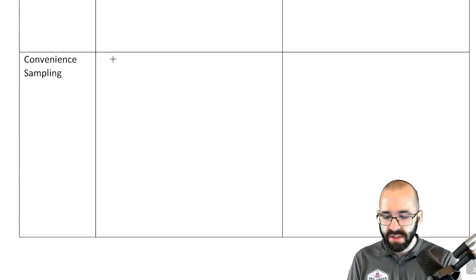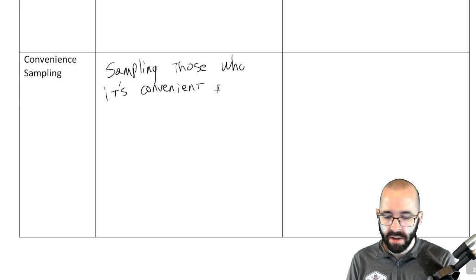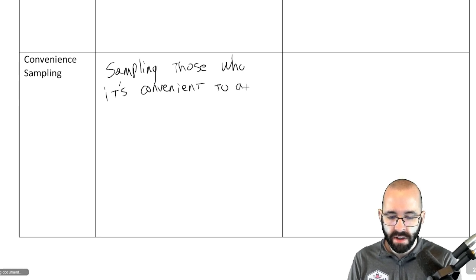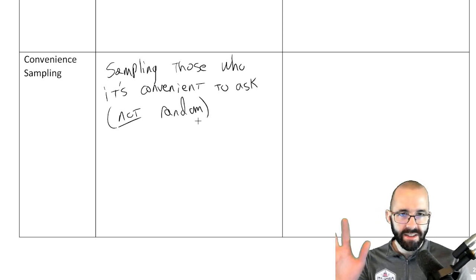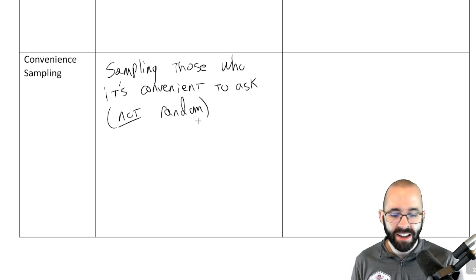Convenience sampling is just sampling those who it's convenient to ask. It's in the name. Not random. I left this SPSCC student example, but let's come back to it for their housing costs.